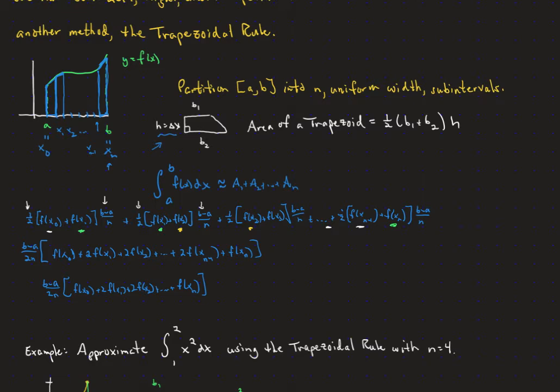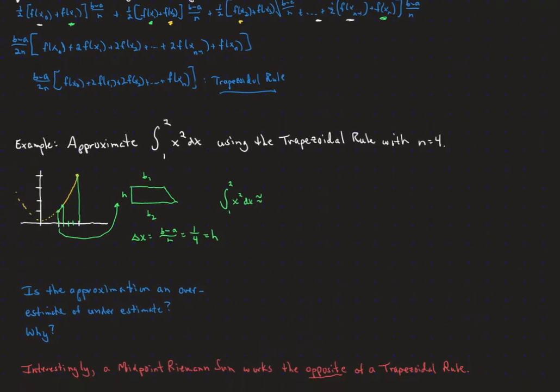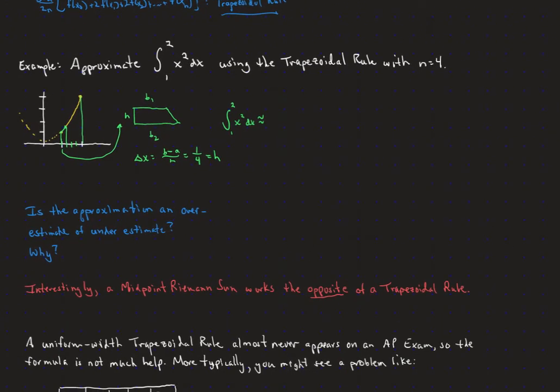So that is our formula for our trapezoidal rule, for when they are uniform trapezoids. Okay, so the rule is that formula for evaluating those trapezoids.